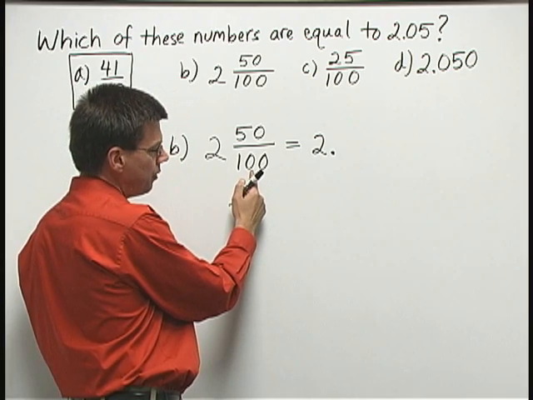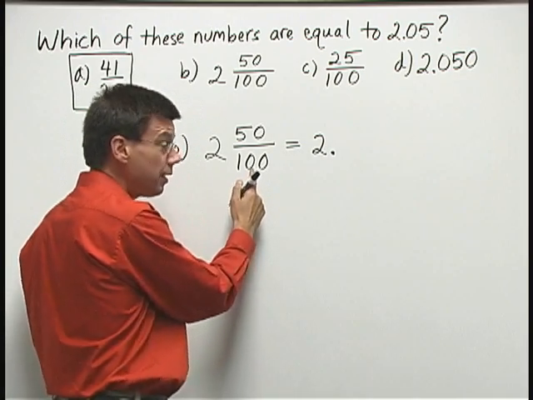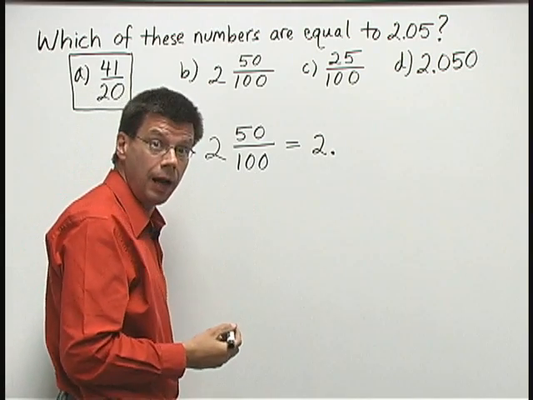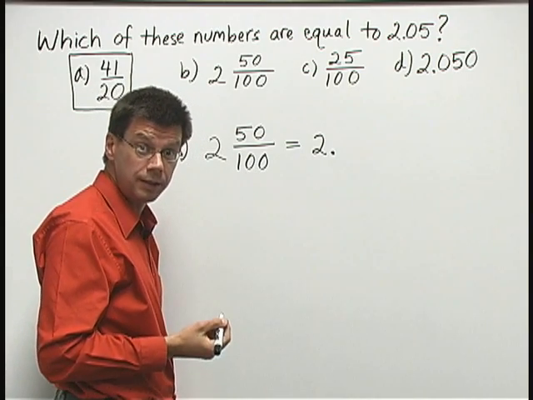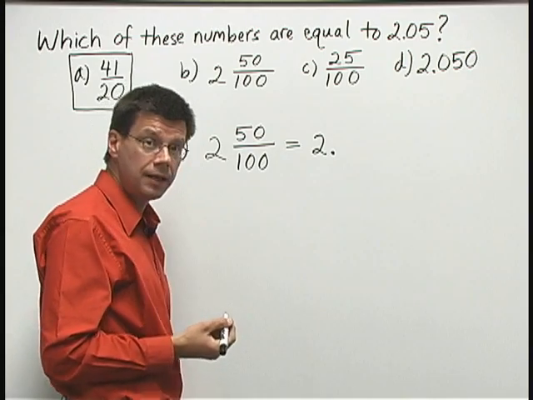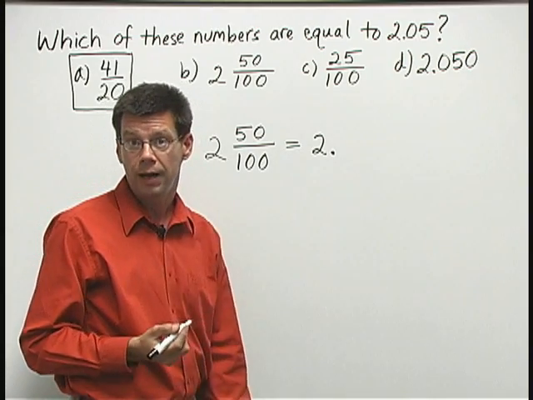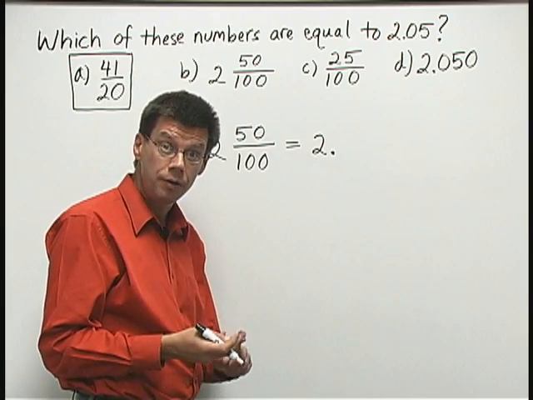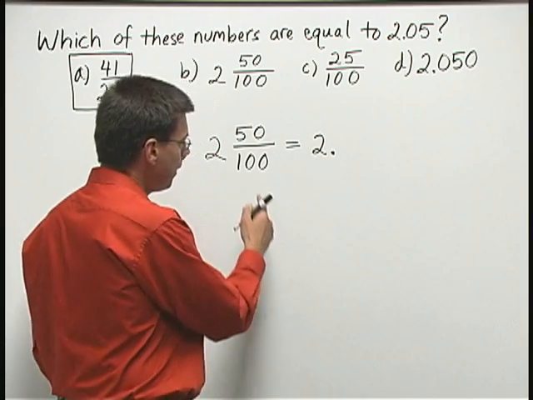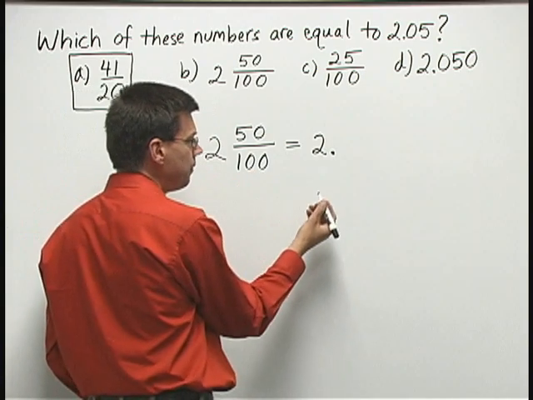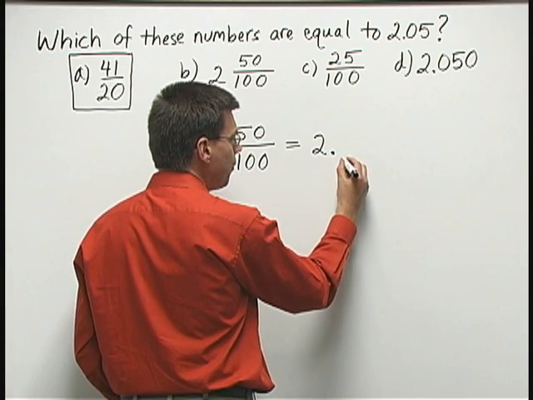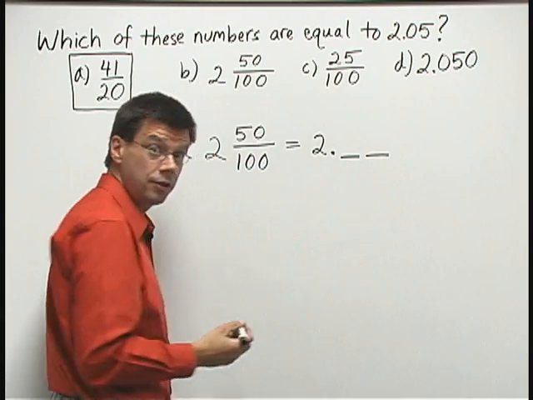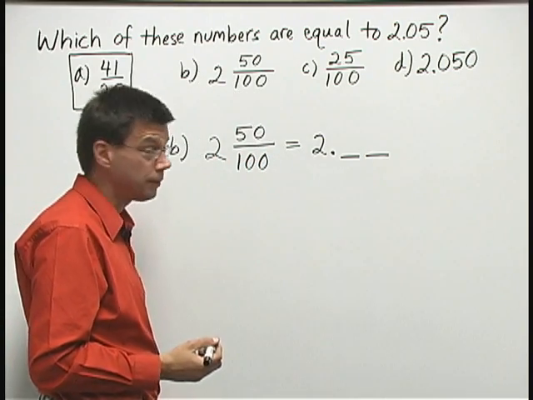Now the 50/100ths. Because the denominator of that fraction is 100, I can convert directly to decimal form. Decimals are a shorthand for fractions that have denominators like 10 or 100 or 1,000. Now the denominator is 100. That tells me that I want to think about the tenths and hundredths place just to the right of the decimal point.